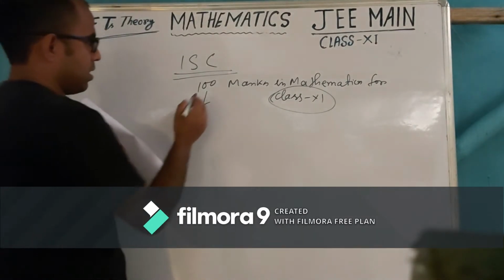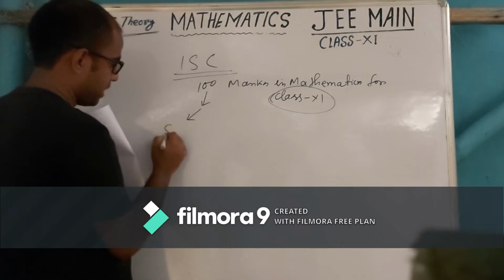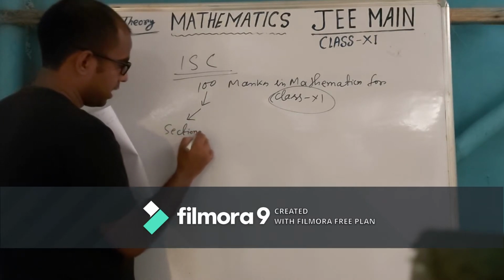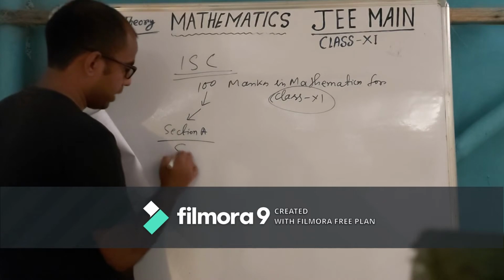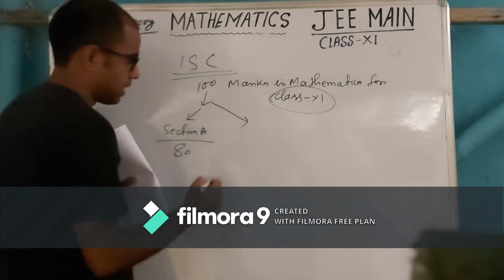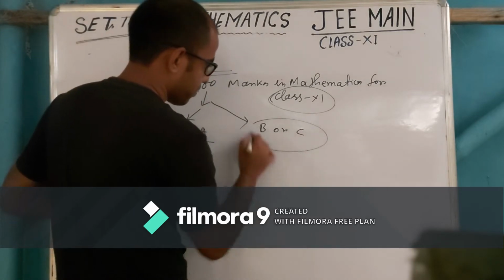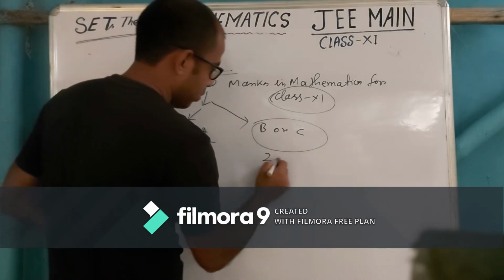One part is Section A, which contains 80 marks, and another is Section B or C, which contains 20 marks.